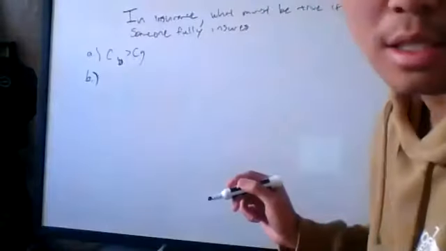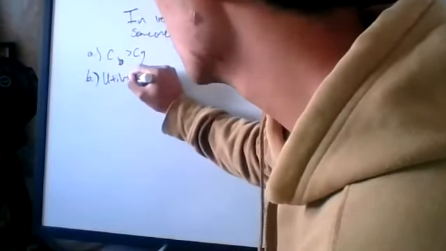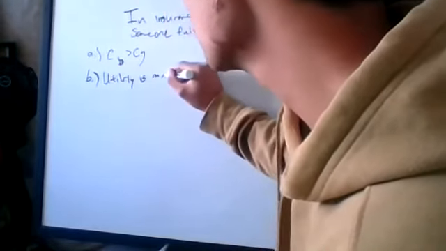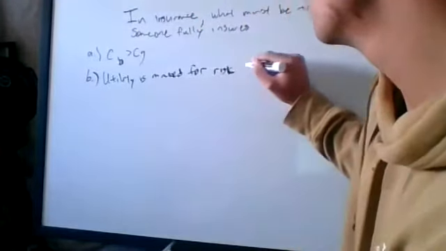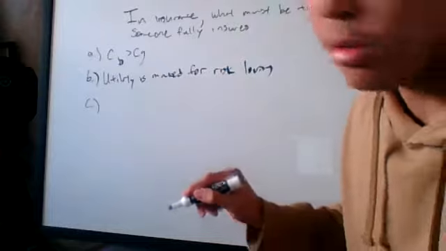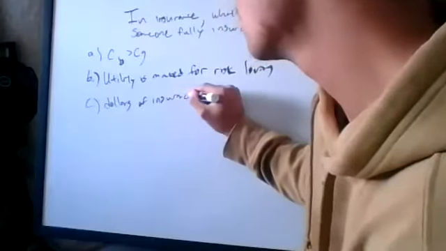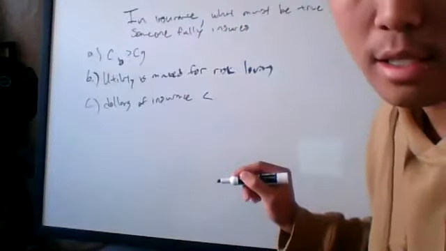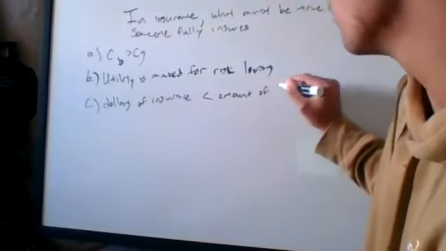Answer choice B is utility is maxed for risk loving. And part C, dollars of insurance is less than amount of loss.